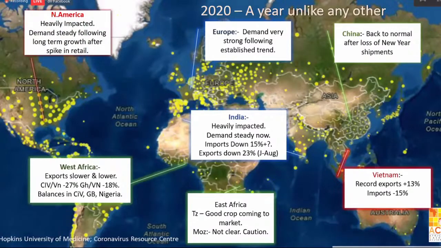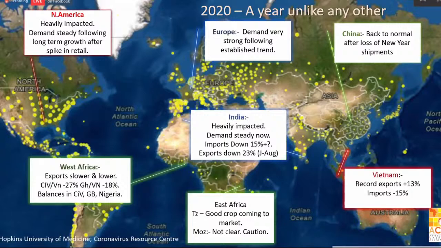The United States also very heavily impacted. Here we saw a remarkable spike in demand in the first and second quarters of the year. That's settled down a little bit now, and it's returned to what I would call steady growth.